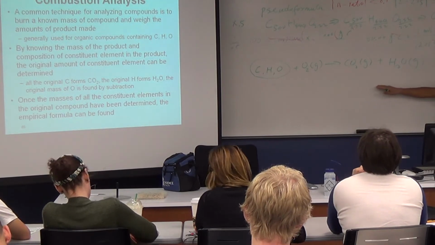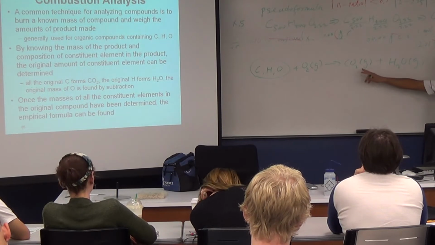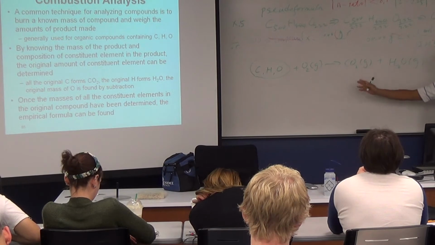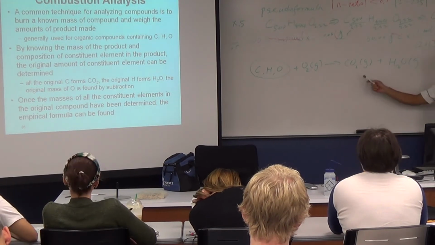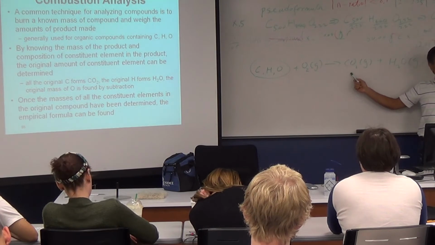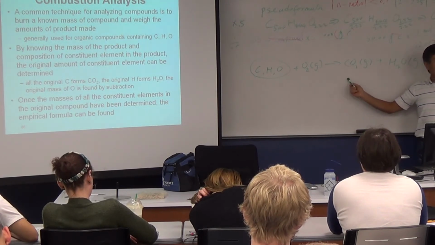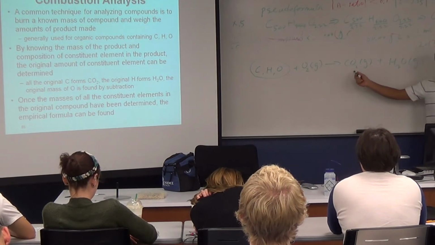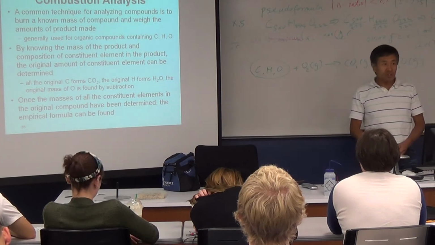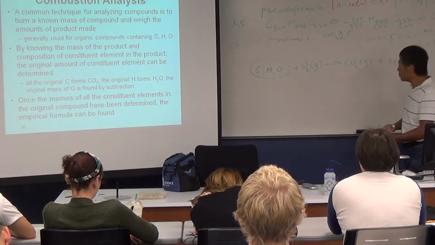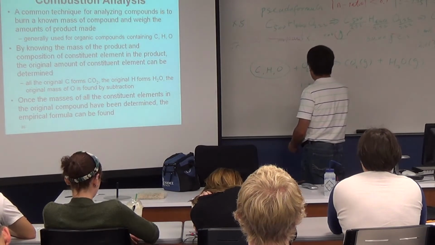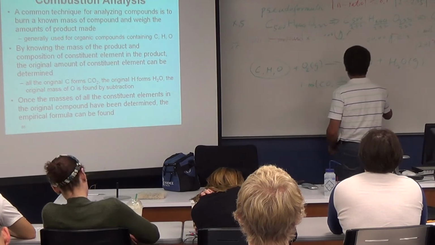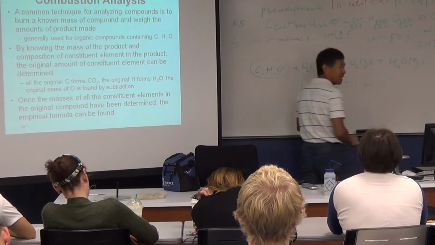So therefore, we measure how much CO2 we get, and we can measure in gram or kilogram, but you want to use a gram. Once you know the gram of CO2, you can convert it into mole of CO2, right? For CO2 it is simple, because each 1 mole of CO2 is equivalent to 1 mole of carbon in that element.